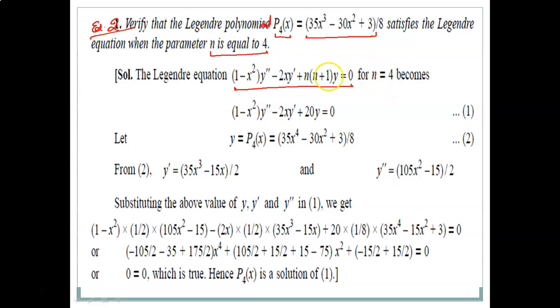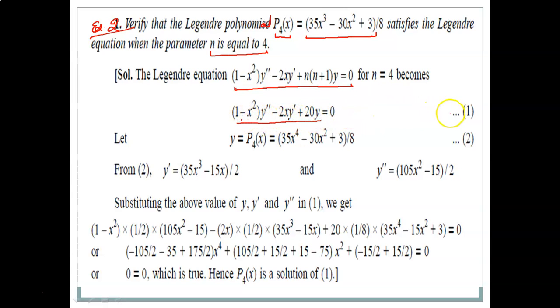So when you put n equal to 4 in this equation, we get (1 minus x squared) y double dash minus 2x y dash plus, since n(n+1) is 4 into 5, that is 20, y equal to 0. After putting n equal to 4, the Legendre equation reduces to this.